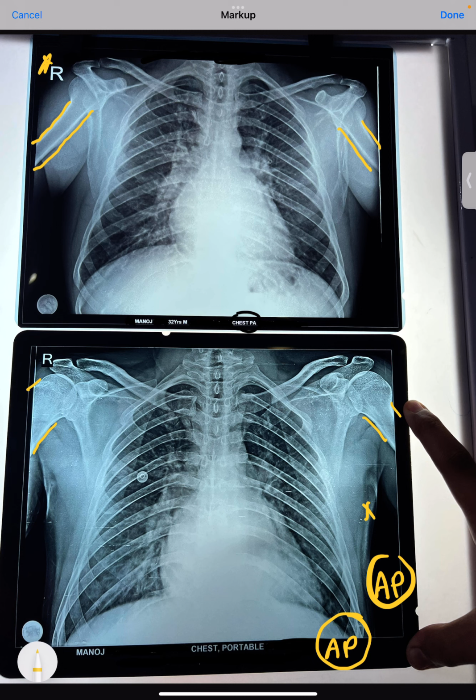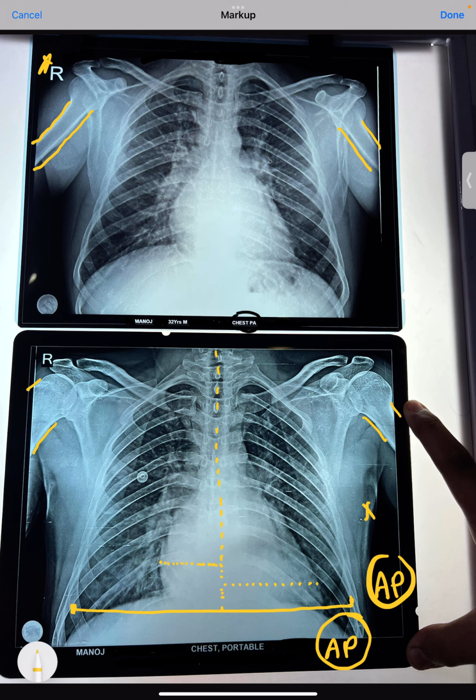So whenever we consider cardiomegaly, what we actually do is we take this distance, the heart shadow distance, which is largest, and we simply take the largest internal diameter of the ribs. So this is the internal diameter of the rib, which is most widest, and we see this distance.